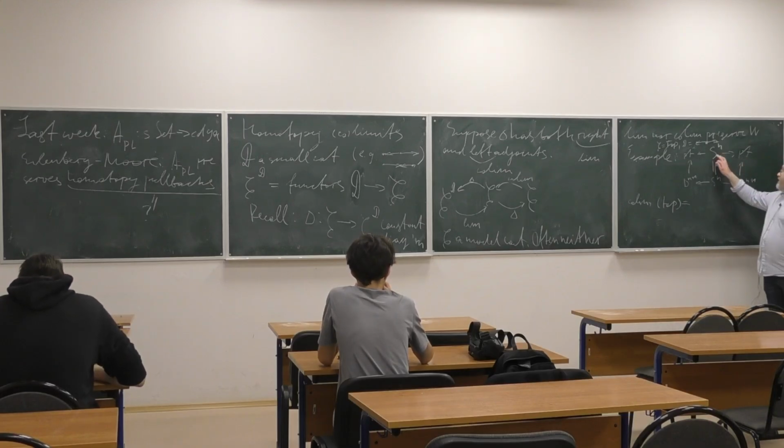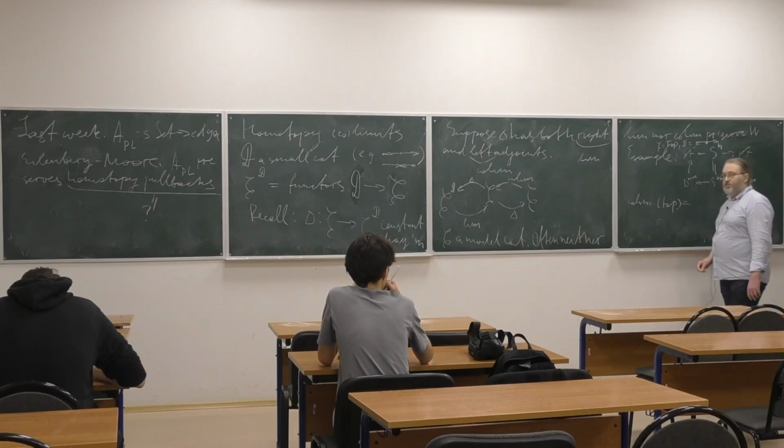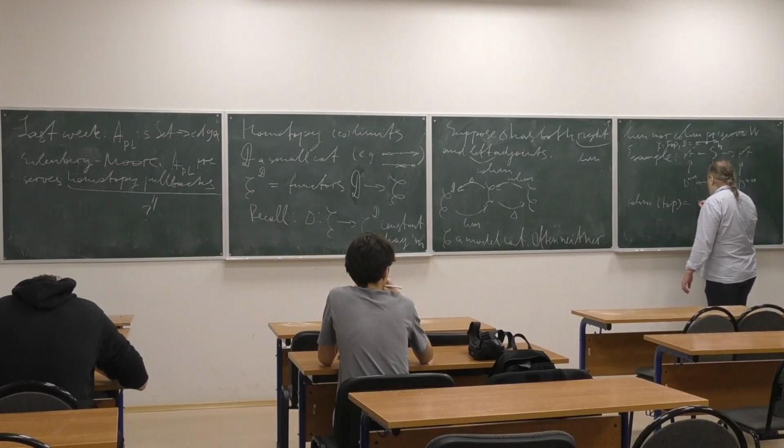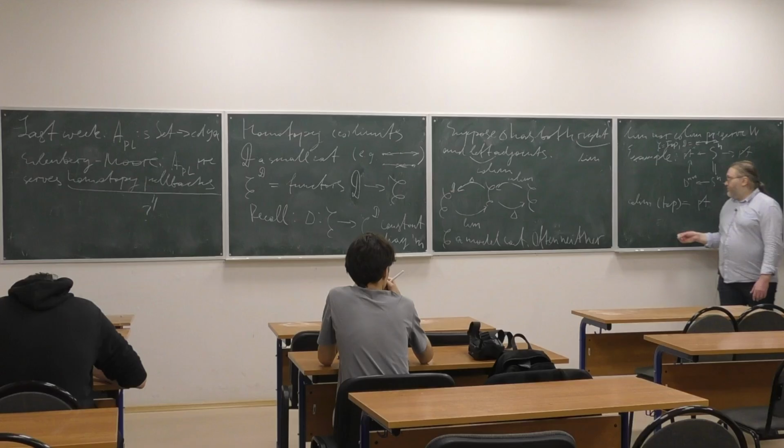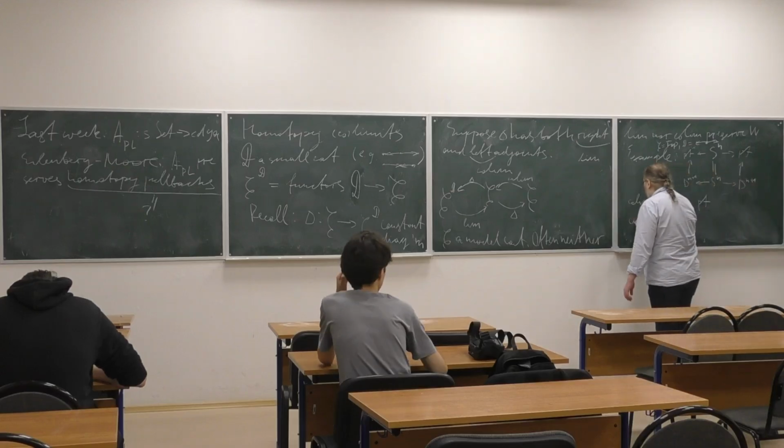So I have Sn, which maps to the point, and again to a different point. What's the co-limit? Yes. Is this clear to everyone? Okay.